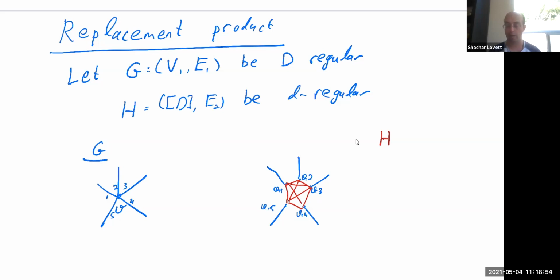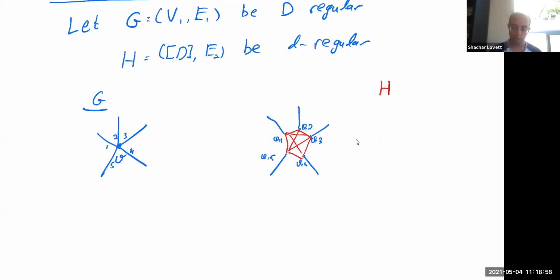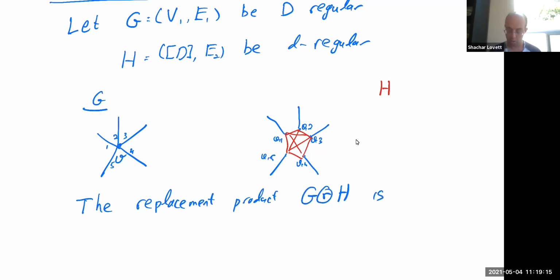Okay, so let's now write this formula. And then we'll see if you have any questions. So the replacement product, G R H, is defined as follows.